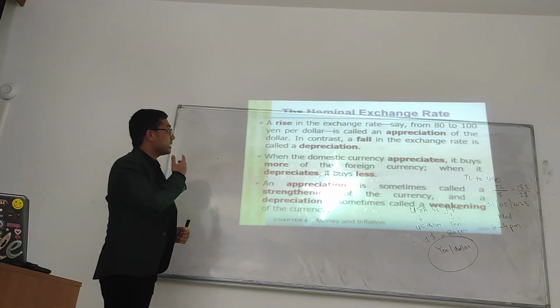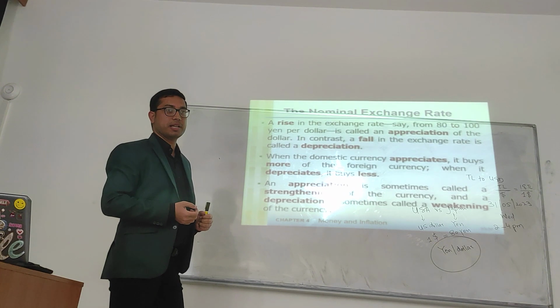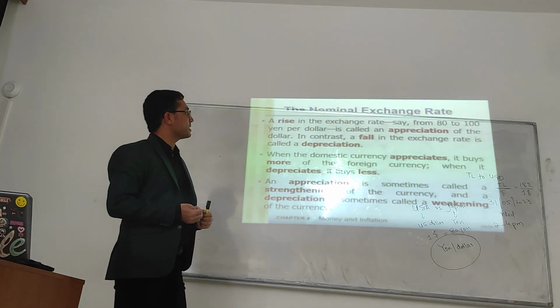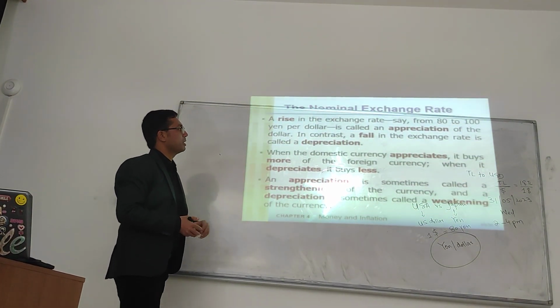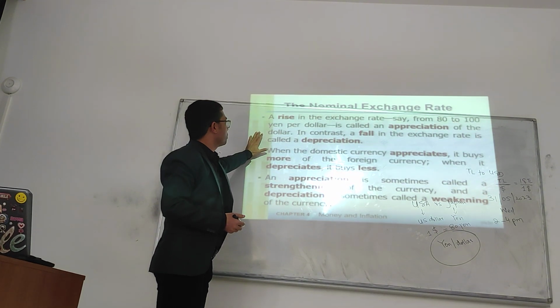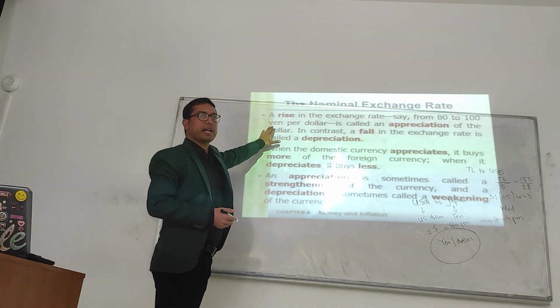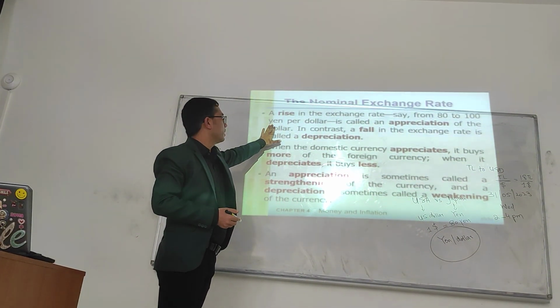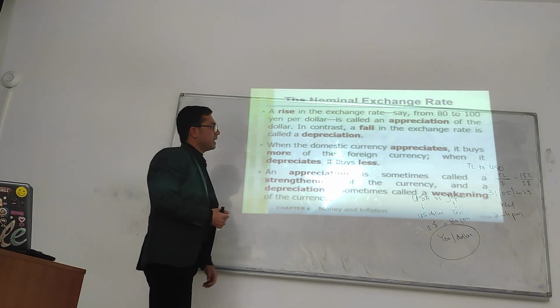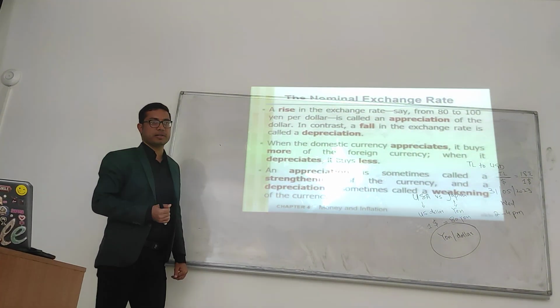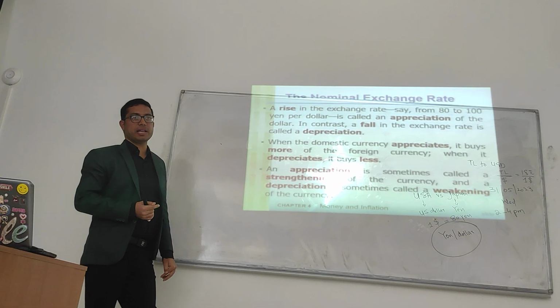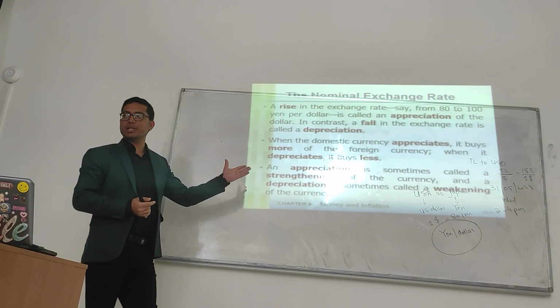Suppose there is a rise in the exchange rate, for example from 80 to 100 yen per dollar. It is called an appreciation of the dollar. This is very important, technical.